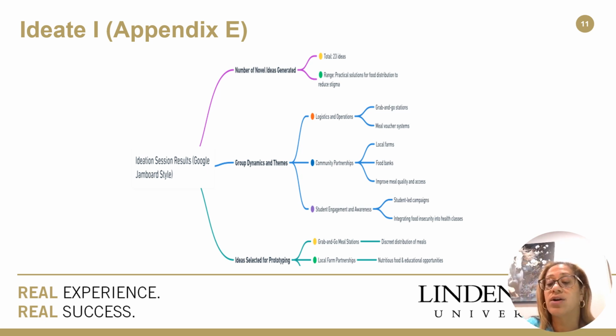After the brainstorming, the number of novel ideas generated: a total of 23 novel ideas were generated during the session. These ideas ranged from practical solutions for food distribution to strategies aimed at reducing social stigma related to receiving free meals.